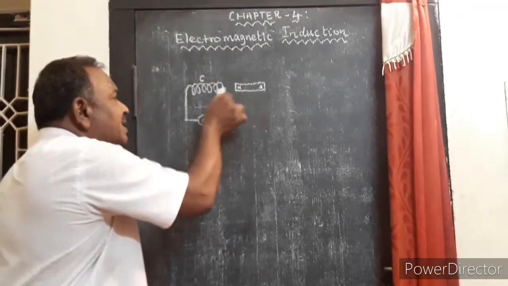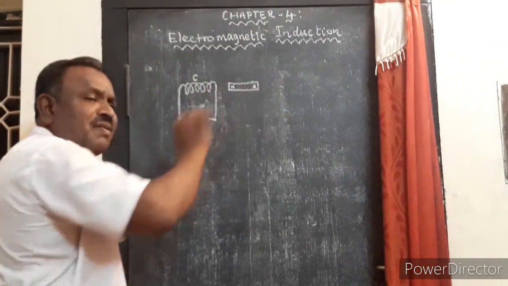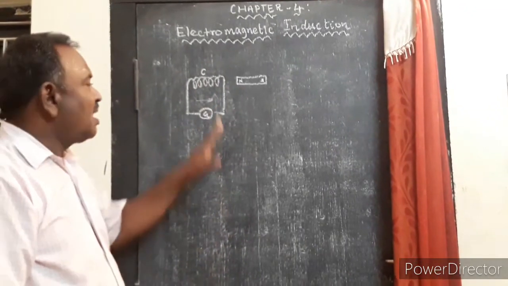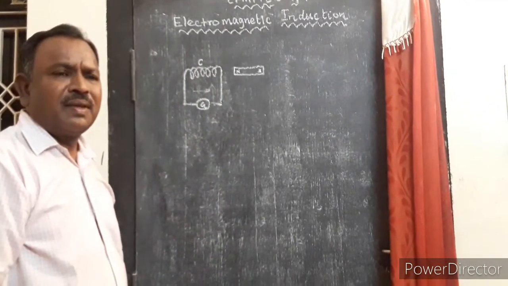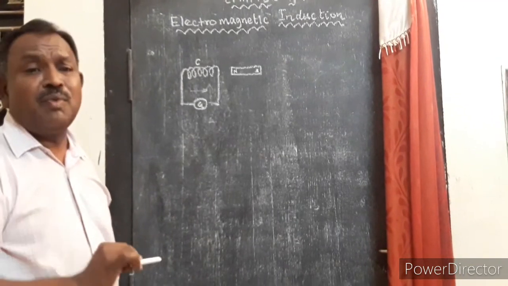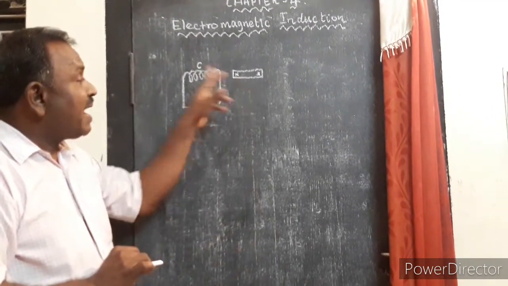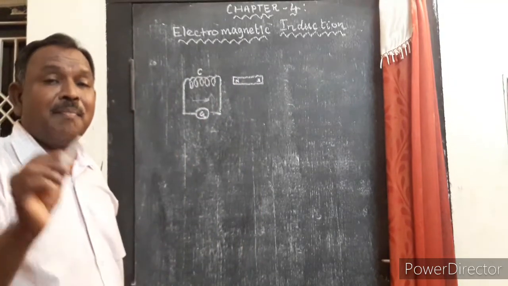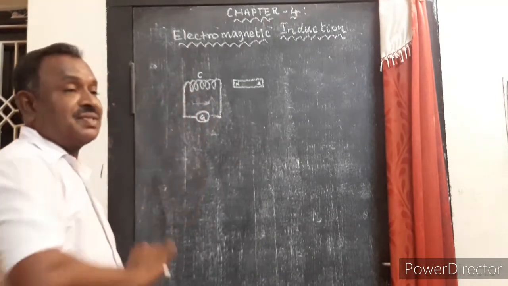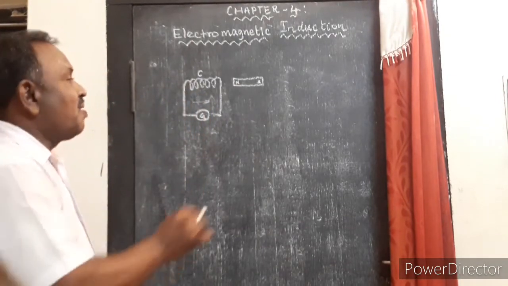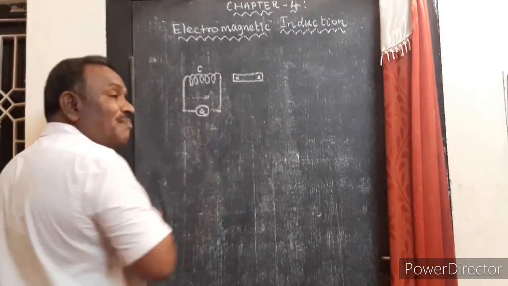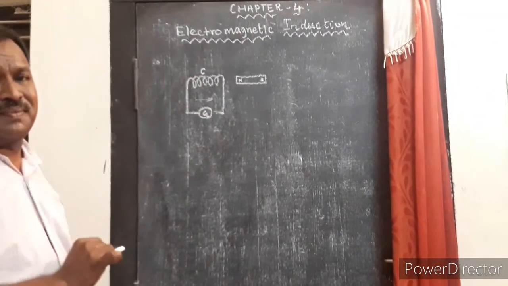Whether I move the magnet towards the circuit or away from the circuit, or keep the magnet at rest and move the circuit, in either case, whenever there is relative motion between the magnet and the circuit, the magnetic flux linked with the circuit changes. When I keep the magnet far away from the circuit, the number of magnetic field lines is less.